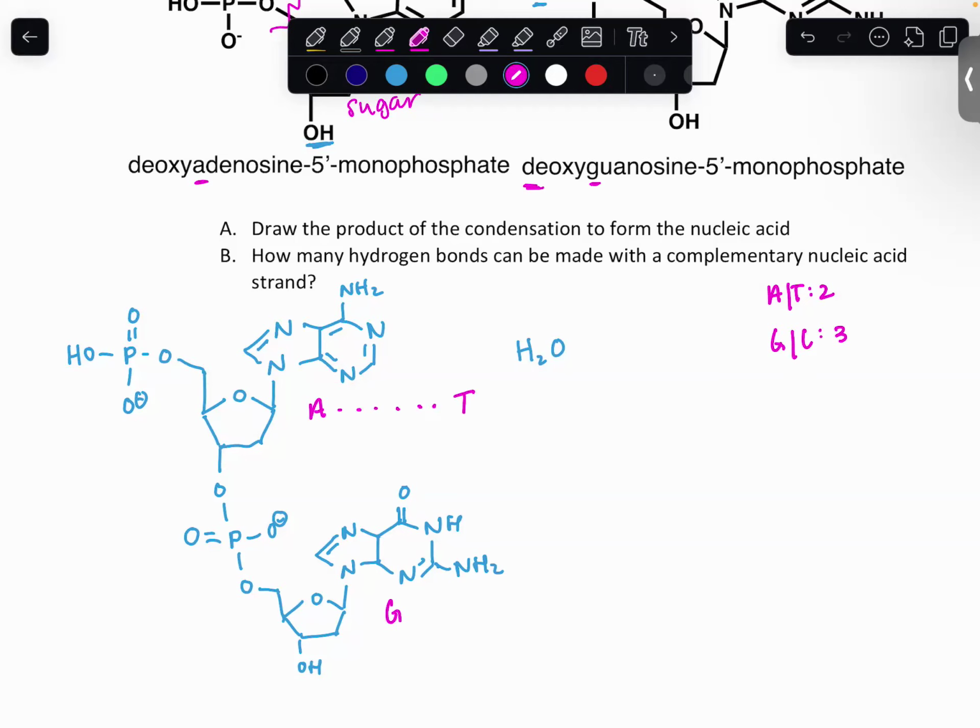What is the... two bonds and three bonds, how does that work? So the complementary structure is able to make 2 hydrogen bonds, whereas here it can make 3 hydrogen bonds. So that's if you had a C drawn out here next to it.